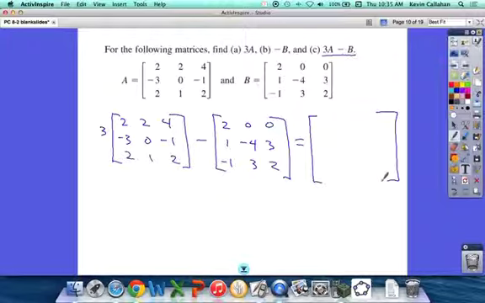Mason, you awake there? So let's do this math. 3 times 2 is 6, minus 2 is 4. 3 times 2 is 6 minus 0. 3 times 4 is 12. Negative 9 minus 1 is negative 10. 0 minus negative 4 is 4.